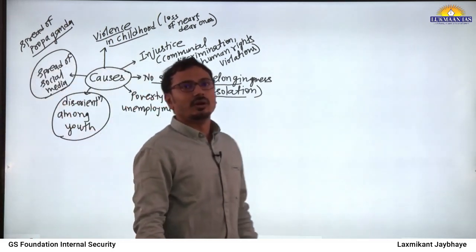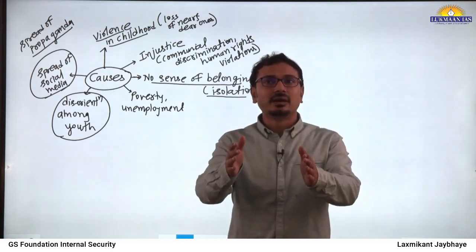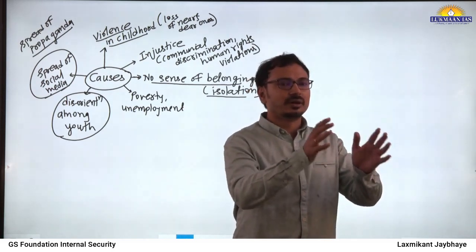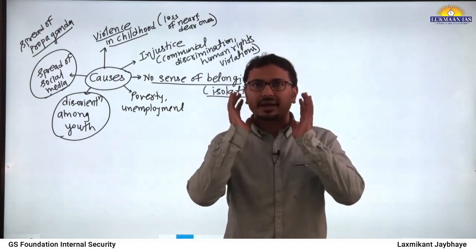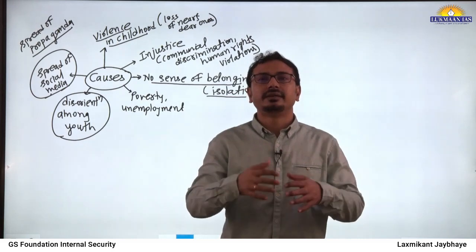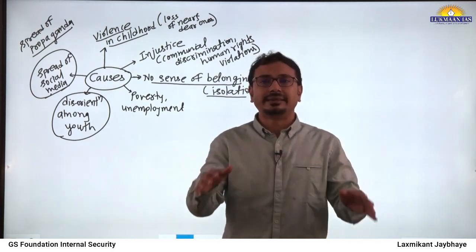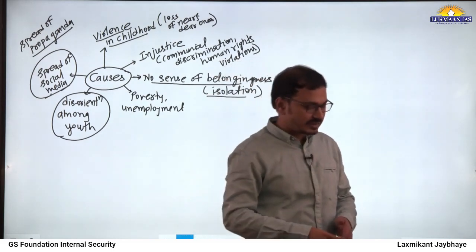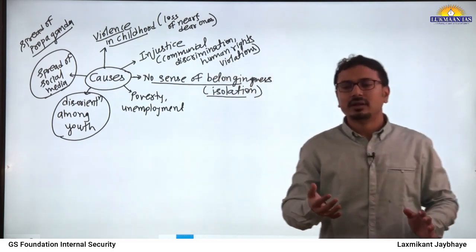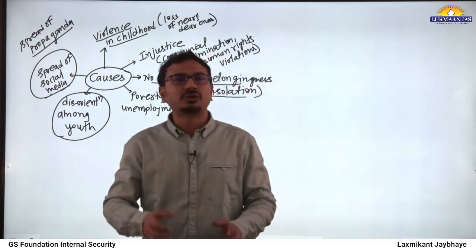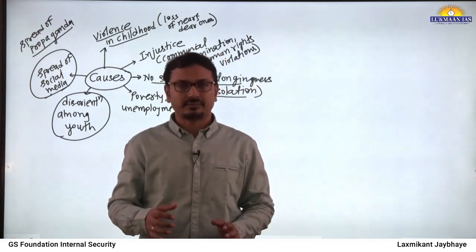OK, so what the youth see, a particular instance, a particular thing makes an impact on the youth, and the youth thinks that that is the world, that is the reality. For example, suppose the leaders of the country start talking about a particular religion being the problem, then the youth start thinking like that.